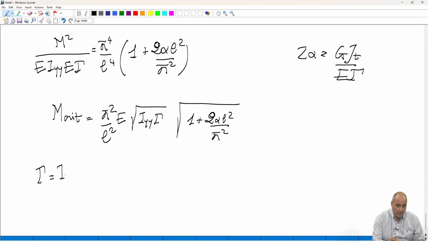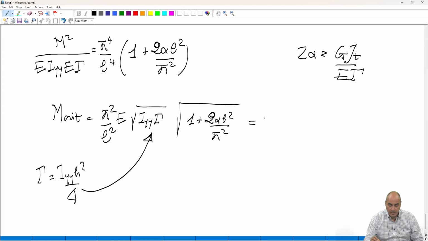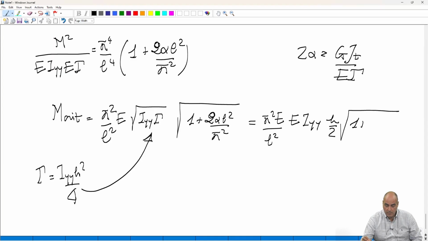But since gamma we have written before is this, if I bring this into here, this is pi square over L square, the square root of E J yy, times 1 plus 2 alpha.